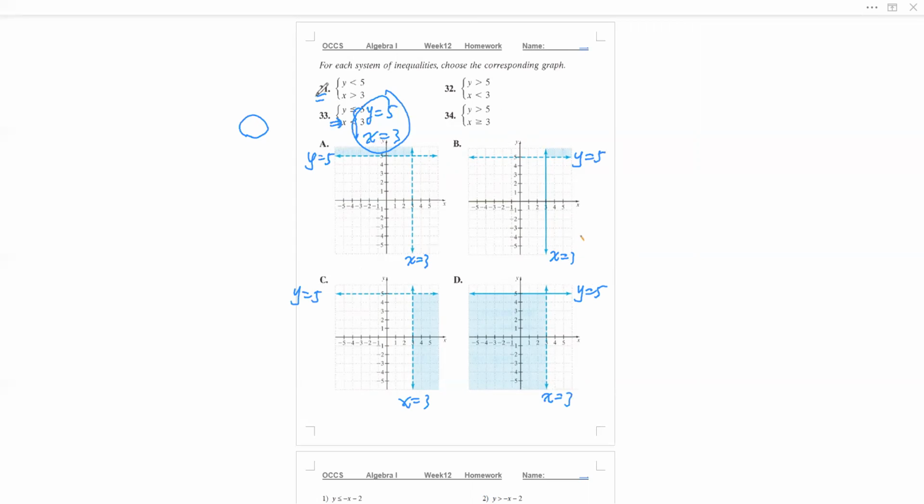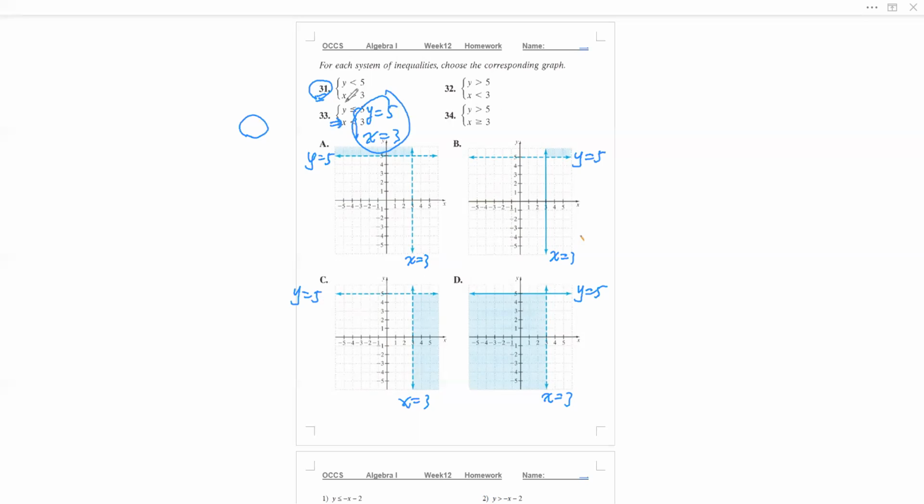So y less than 5 is the bottom part. It should be picked from C and D. They are not including this line, so it should be a dash line. It looks like it's C. The choice should be C.